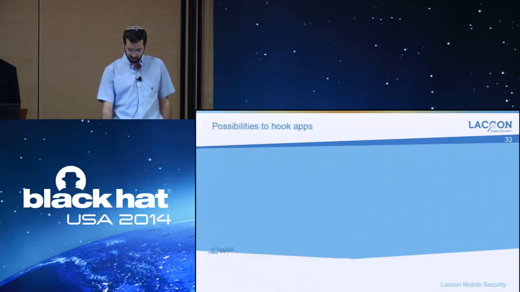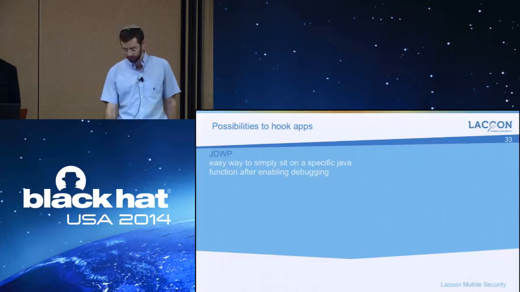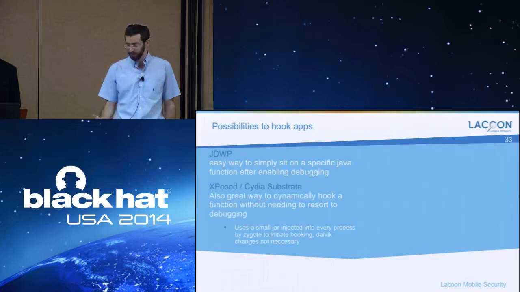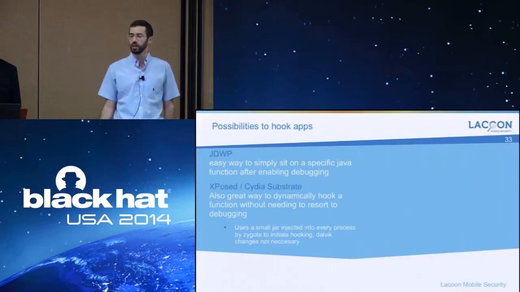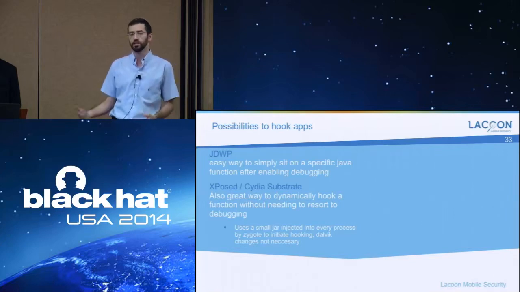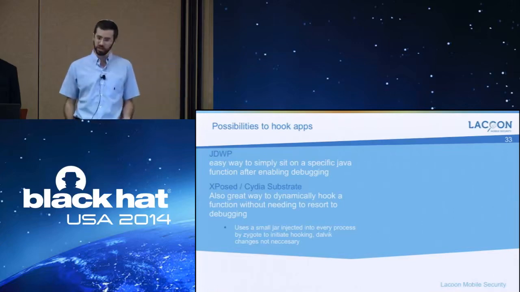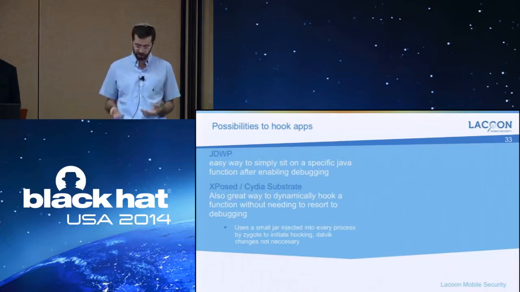On different possibilities of hooking apps. Like I said, we looked at JDWP because that was the simplest solution. But another much simpler solution is probably to use something like Xposed or XDA, very common toolkits for hooking apps that are being used in the wild. You just basically do the same thing. You use their APIs to hook the appropriate function you'd want and get the credentials that are being passed through those functions.